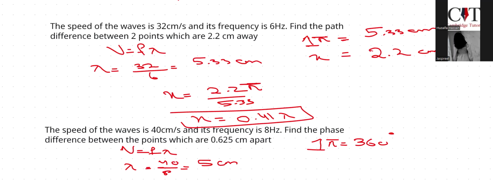So now I will be using the ratio: 360 degrees is equal to 5 centimeter. If I have to find the angle of points which are 0.625 centimeter away, I can use this ratio. Yes or no?